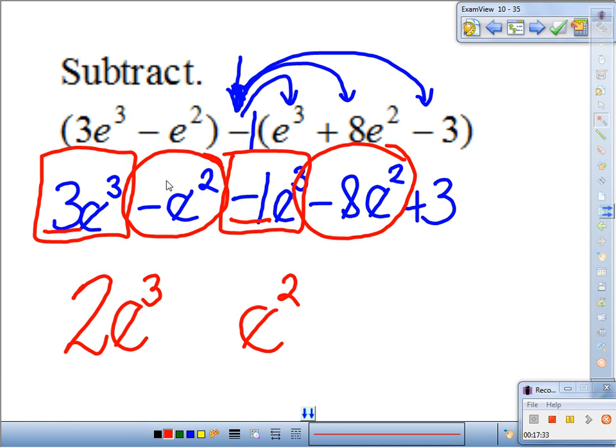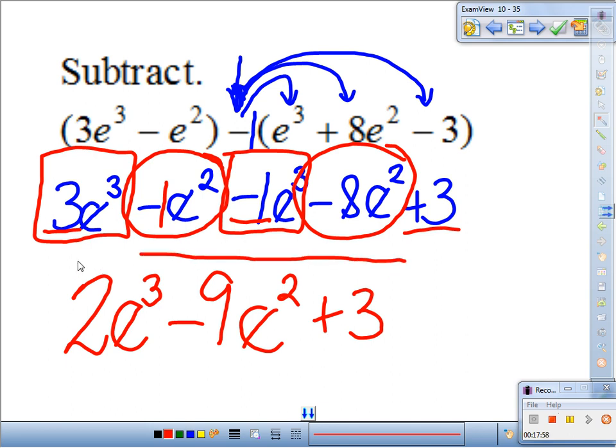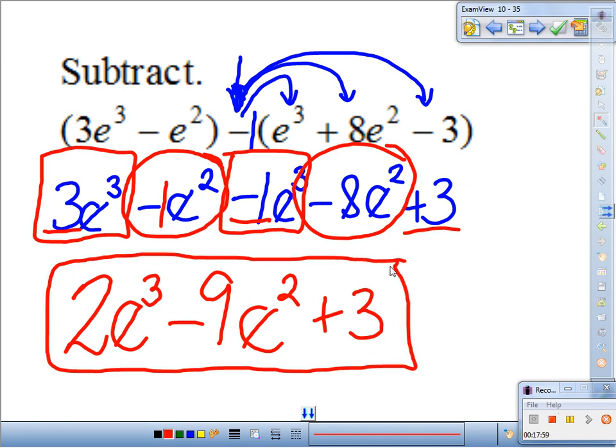So this is an invisible what? Negative 1 and minus 8. That's negative 9. And then at the end, just bring down the plus 3. Now, before we move on, look at it. Do we have any other like terms? No. This is totally different from that one because the exponents are different. So we are done. Hands up if you got that. Okay, good. Let's go to number 11.